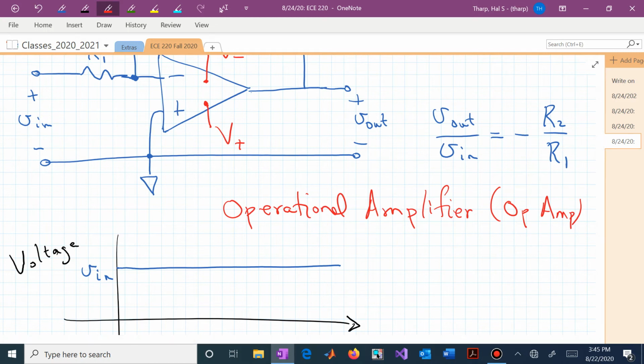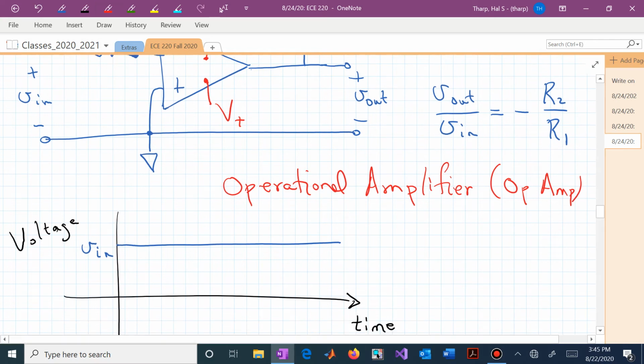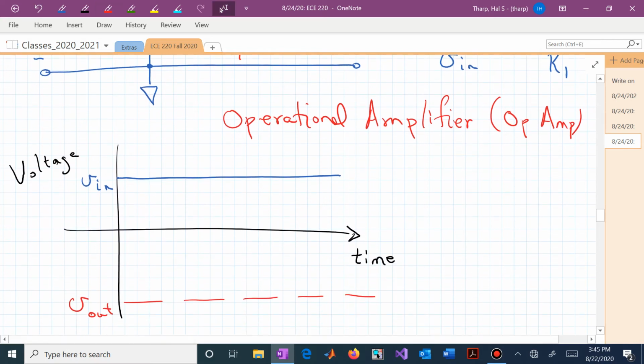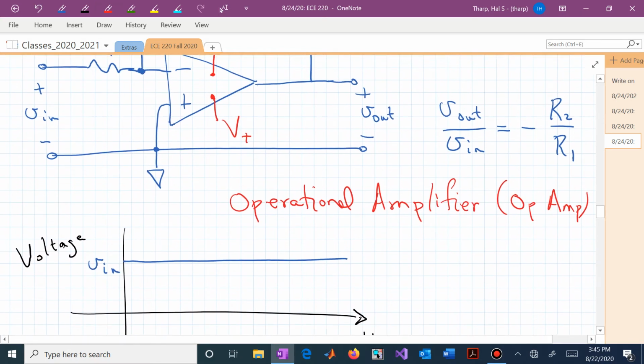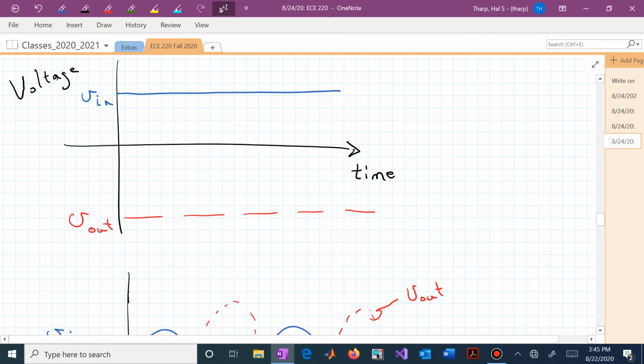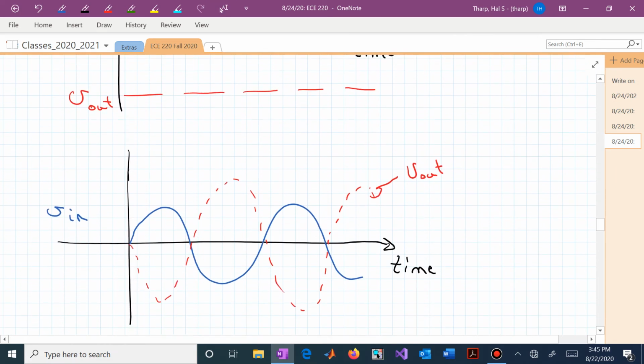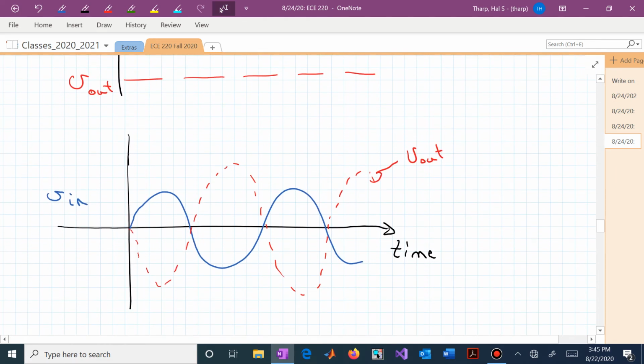We can now scale up or down, and we can combine, add, and subtract different input signals to allow us to manipulate waveforms. We could also introduce a sinusoidal input, Vin, and if it is connected the way the previous circuit was, it has this inversion.